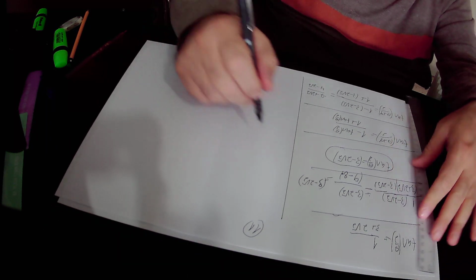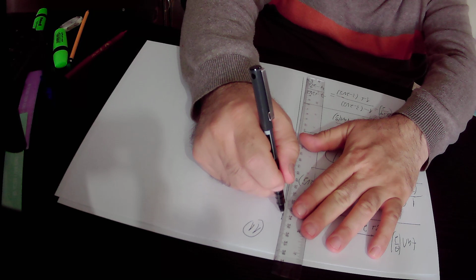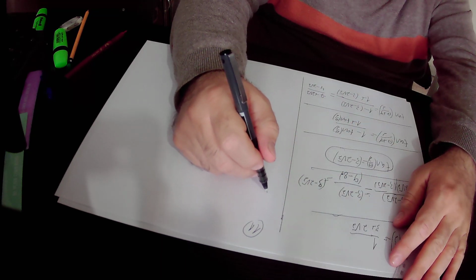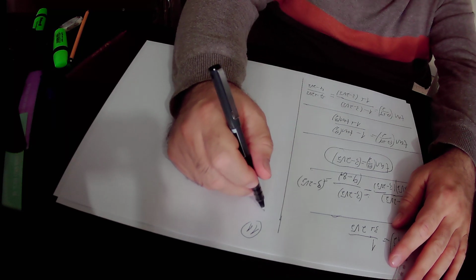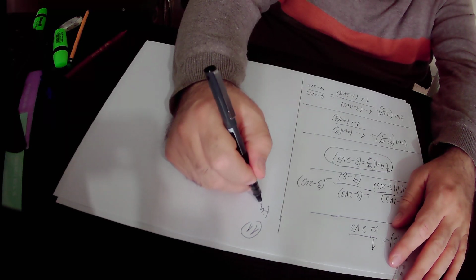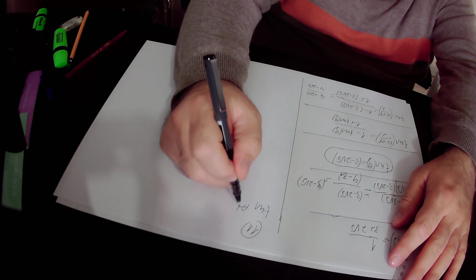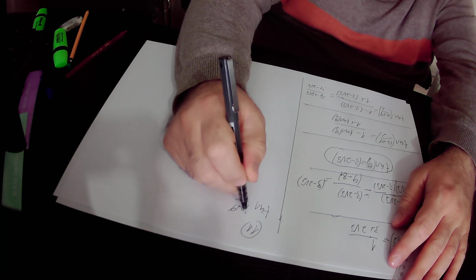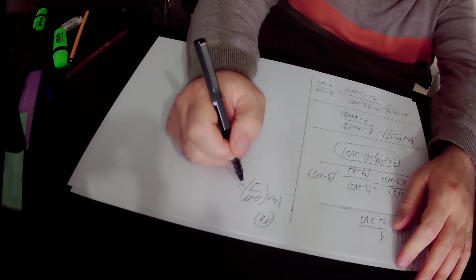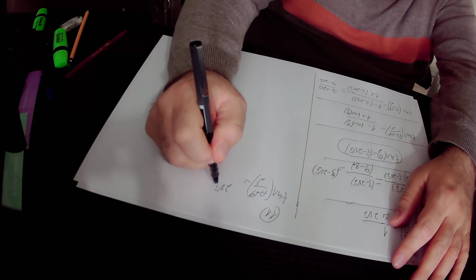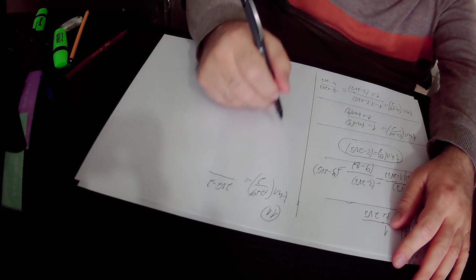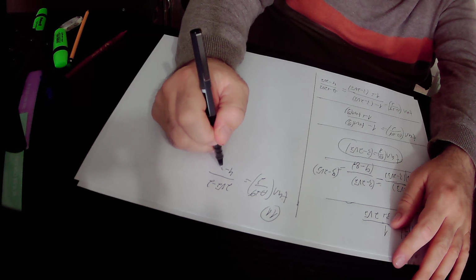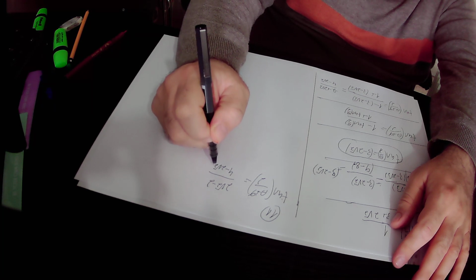So tangent theta plus alpha over 2 is equal to 2 times square root of 2 minus 2 over 4 minus 2 times square root of 2.